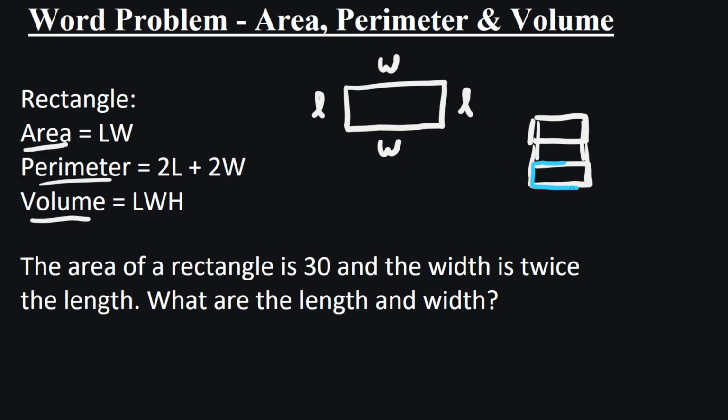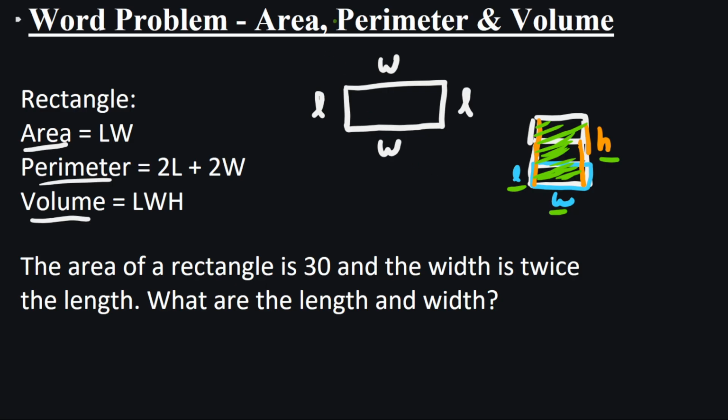It also has a length and width, and it also has a third dimension, this height. So there are three dimensions: length, width, and height. And the volume of this rectangular prism is how much space there is inside the entire shape. That would just be the length times width times height.